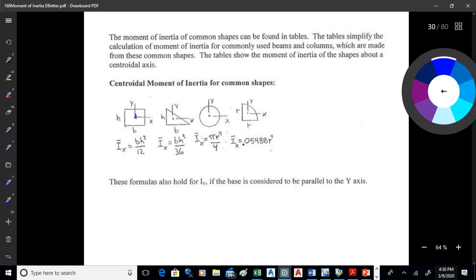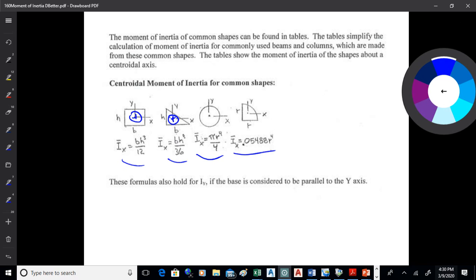That's through its own centroid. For a triangle, it's bh cubed over 36. For a full circle, it's pi r to the fourth over 4. And for a quarter circle, it's 0.05488 r to the fourth. Those are the moments of inertia of common shapes.